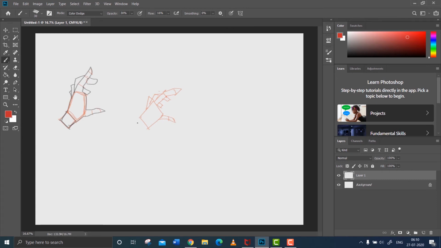This is not the prettiest hand, but this will work. This was the shape breakdown. You always start with breaking down the object you are about to draw into simple shapes. Then convert those shapes into forms.